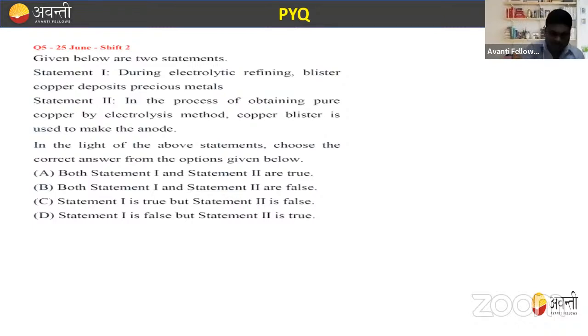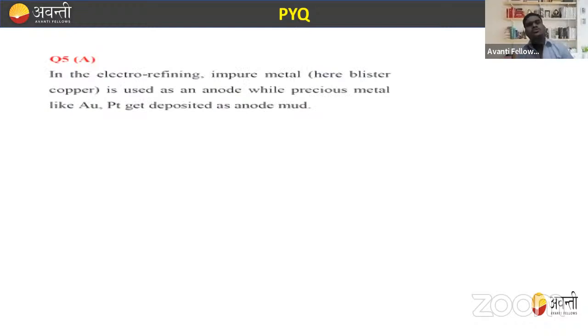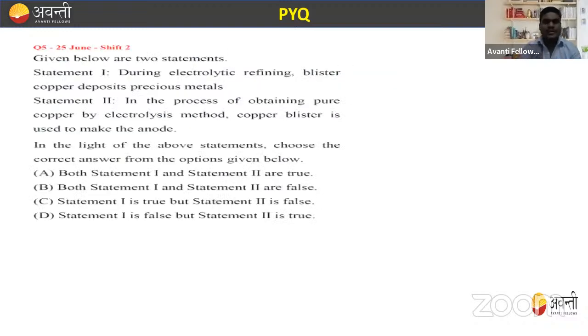Which of the following statements is true, whether first or second? So we know that in electrorefining, the impure metal, here the blister copper, is used as the anode, while precious metals like Au, Pt, Ag get deposited in the anode mud. So we can say that both statement 1 and statement 2 are absolutely true, right? For electrolytic refining of blister copper, what is the meaning of blister copper? That is a bit of impure copper.